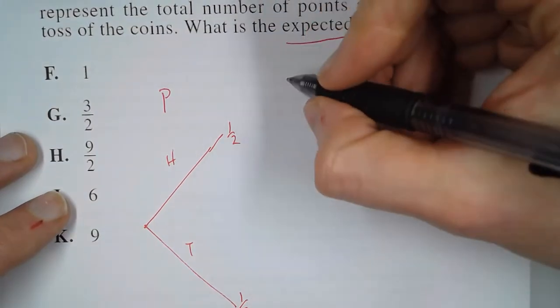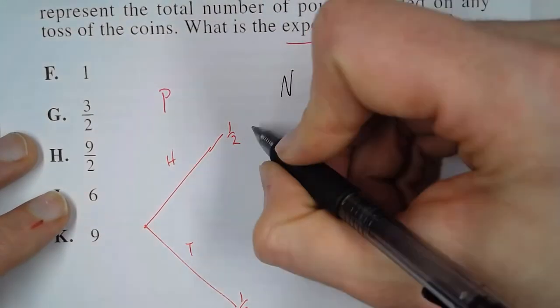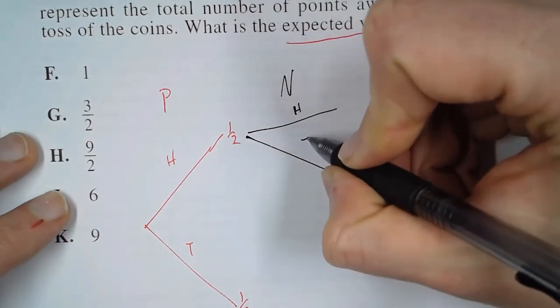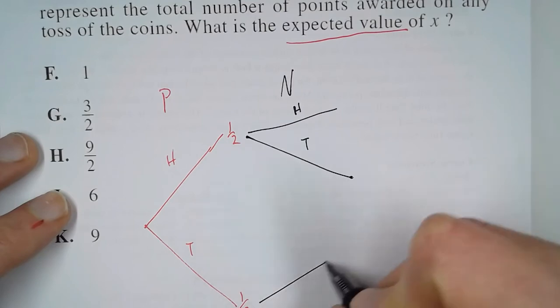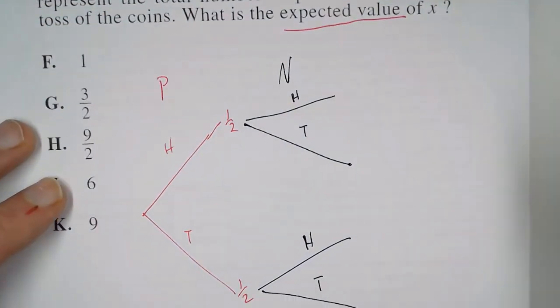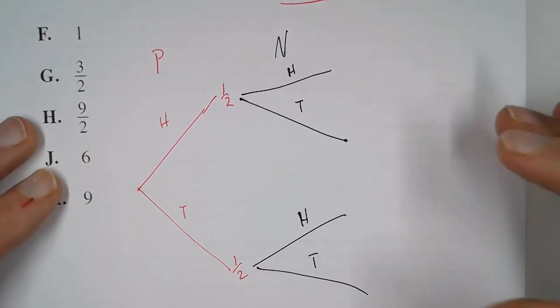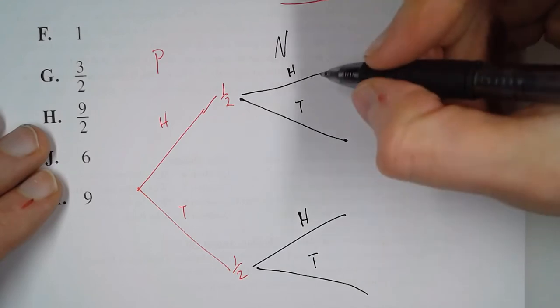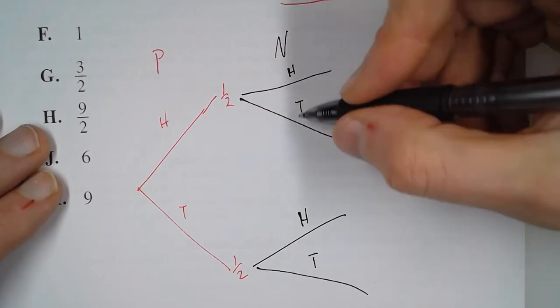So next, we're going to look at the nickel. Nickel, we're going to flip. And so we've got heads and tails for the nickels. Now it could land heads or tails regardless of how the penny landed. And so now, with the nickel, what happened? Well, now the nickel has an even split.